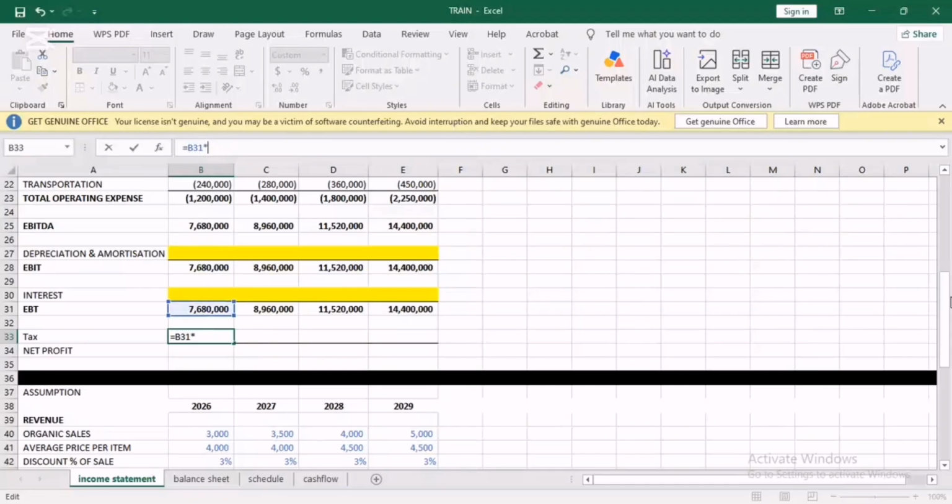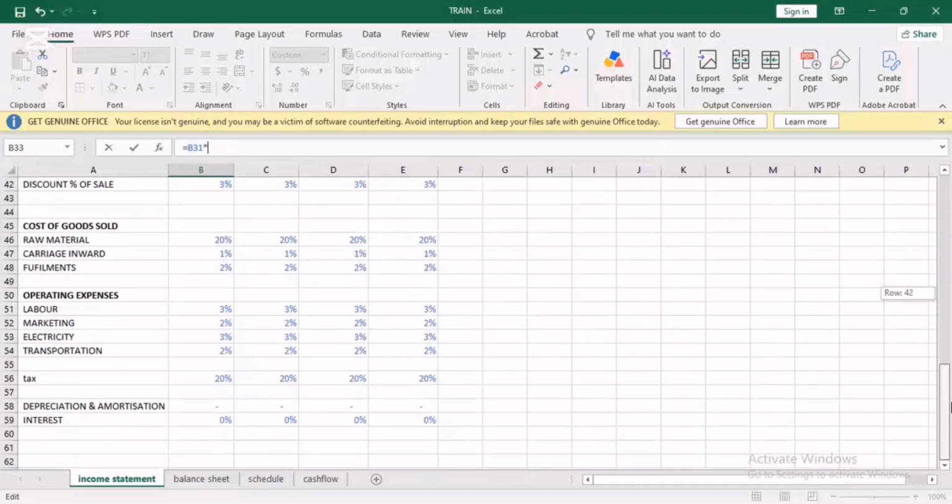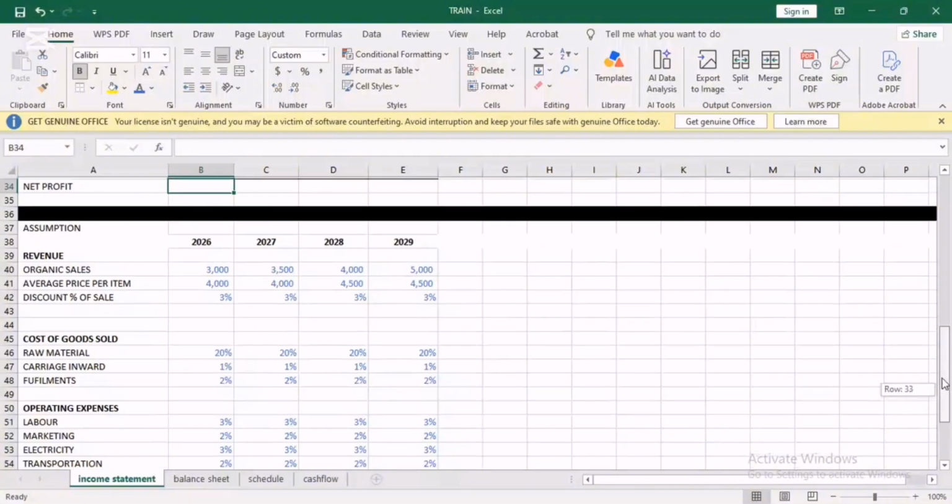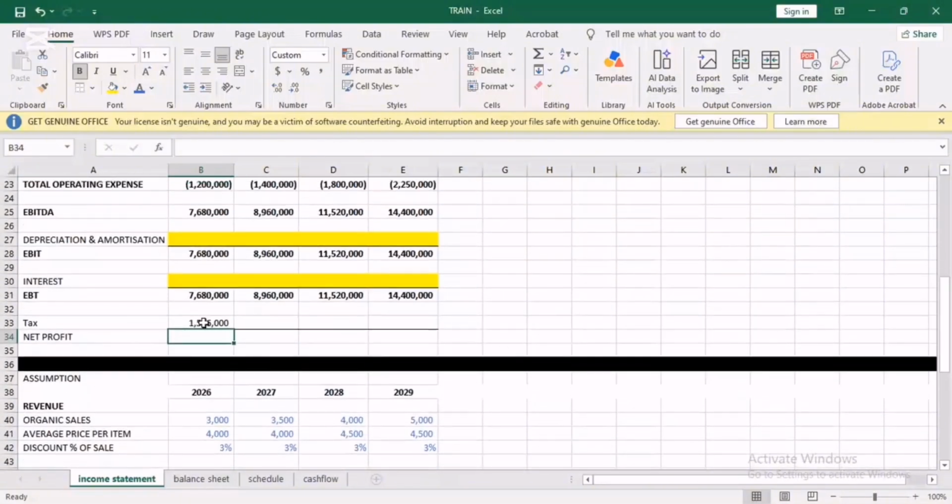So now let's select the percentage of our tax right down here. Okay, it's up here, then hit enter. Wow, that's that. So this is the amount for the tax for the first period, 1,536,000. So let's stretch and see what we have in the subsequent period.